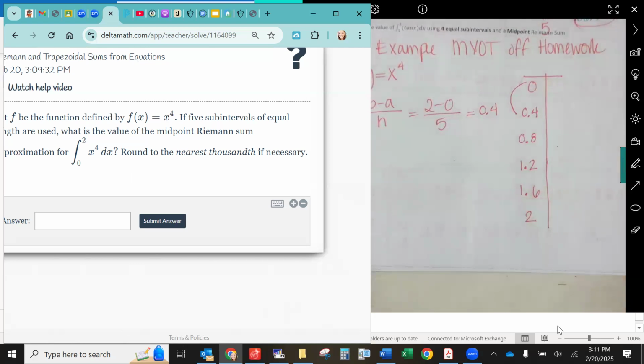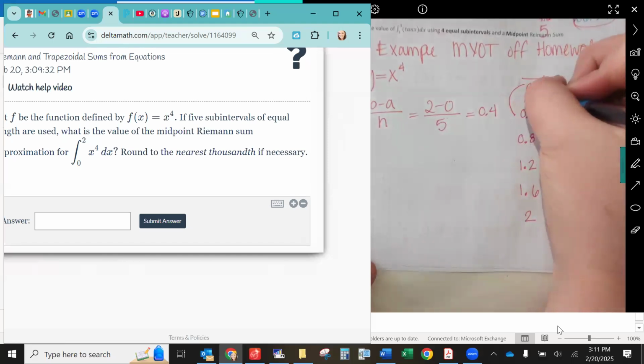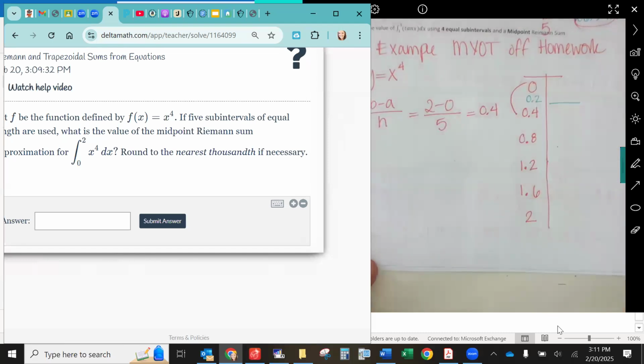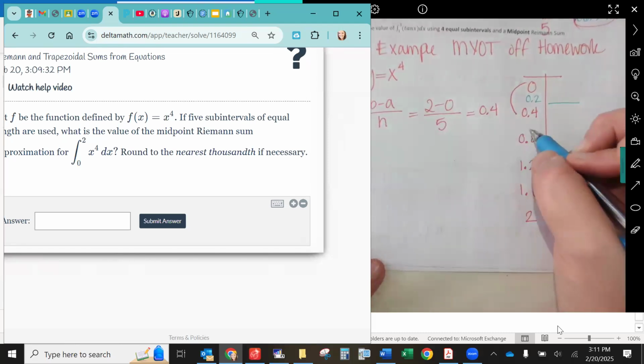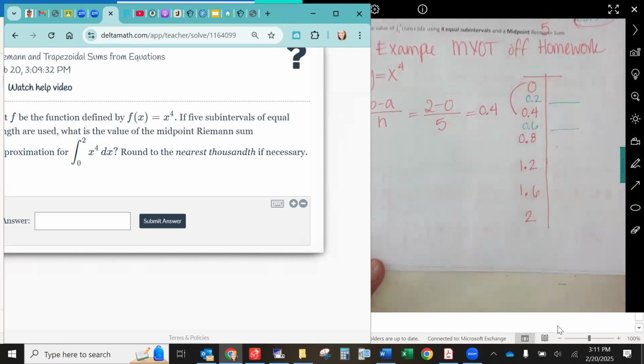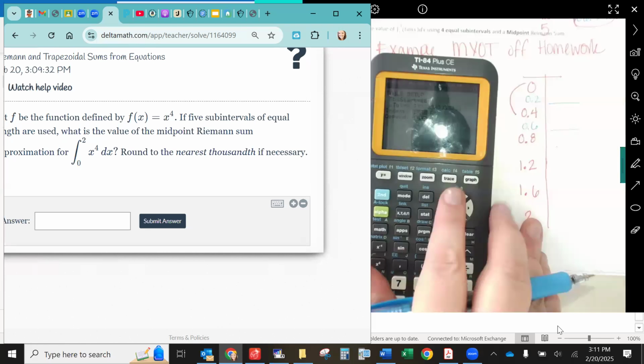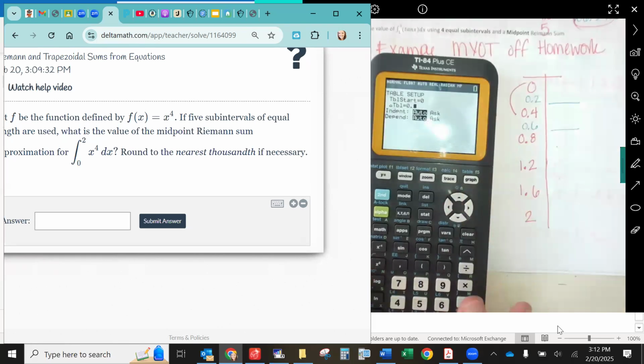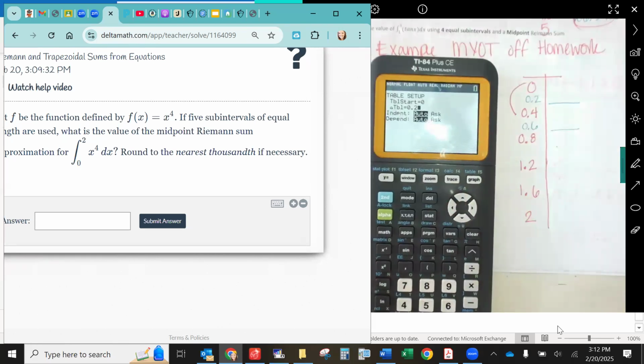It has to be the midpoint. What's halfway between 0 and 0.4? 0.2 is who I want the y value for. And then from here to here, 0.6. So when I go into my table, instead of putting 0.4, I'm going to 0.2 my triangle so that I can see what those midpoints are.